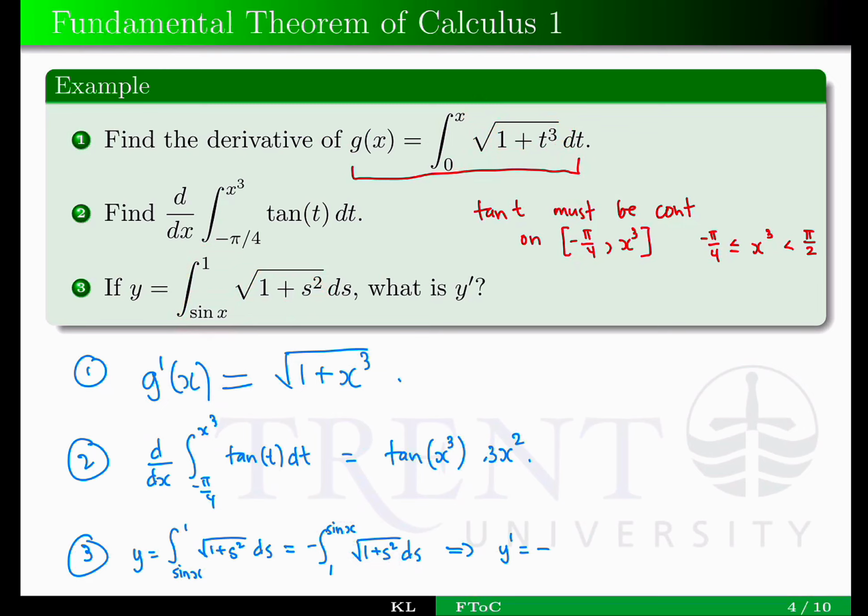So that will be square root of 1 plus sine squared x. But by chain rule, we need to get the derivative of sine x, which means we multiply this expression by cosine x. So this will be the final answer.